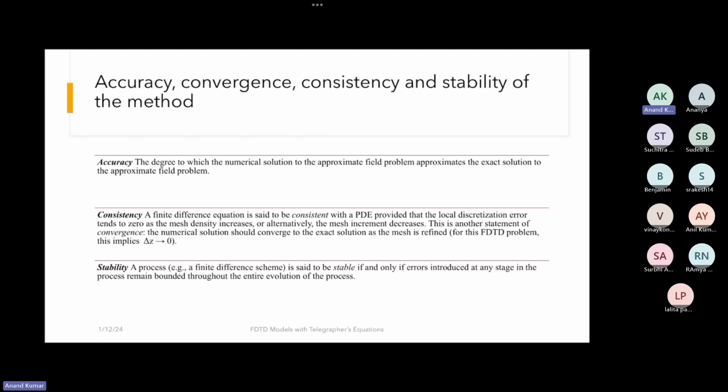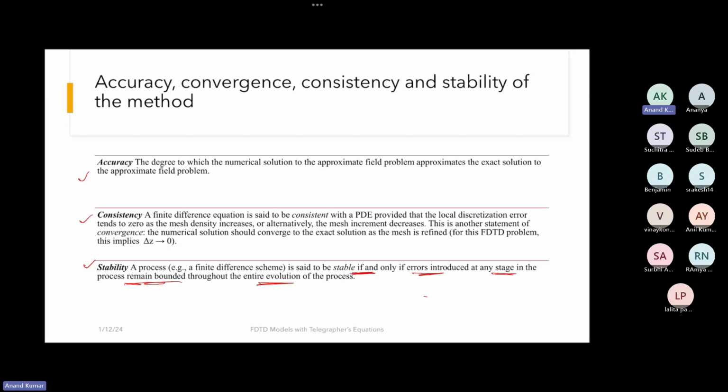So some technical words: accuracy, consistency, and stability. So let's start with stability. For a finite difference scheme, the solution is stable only if the errors introduced at any stage remain bounded throughout the entire evolution.